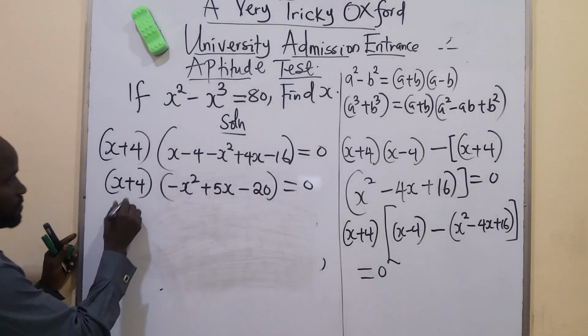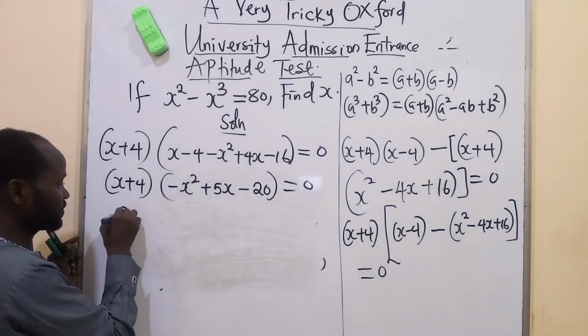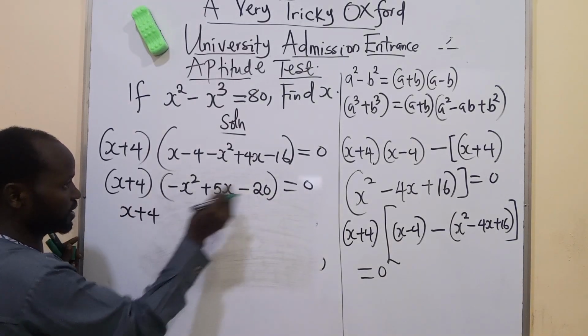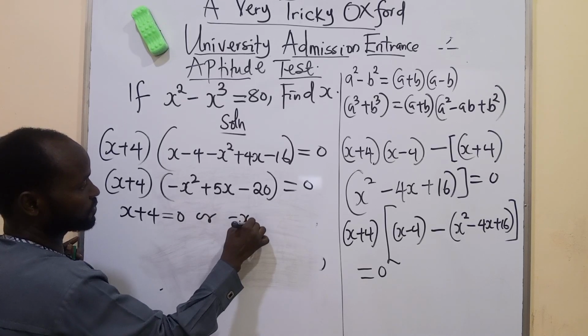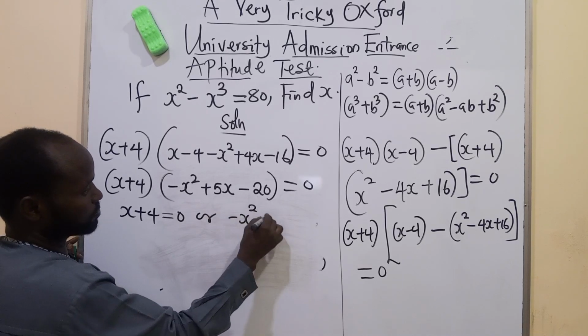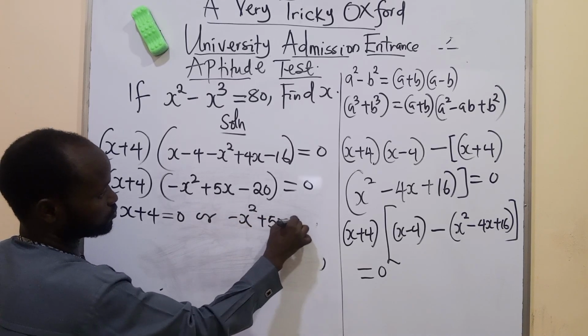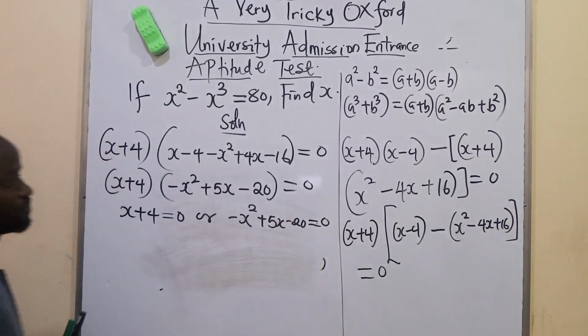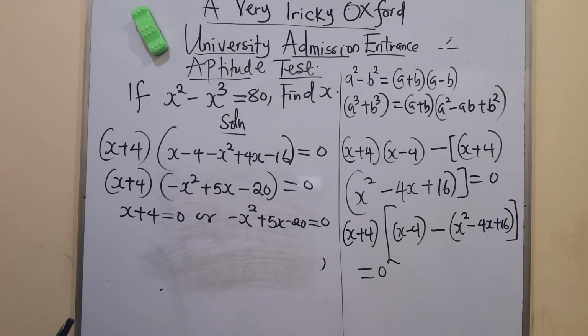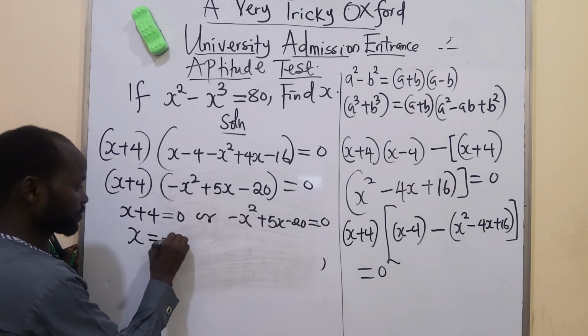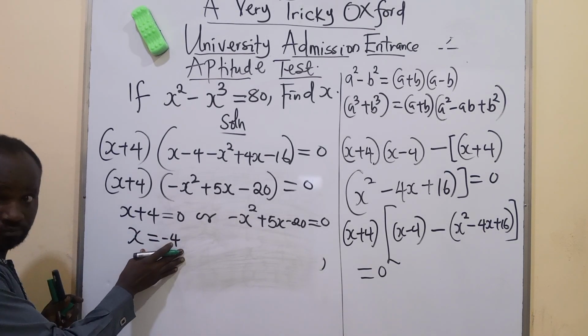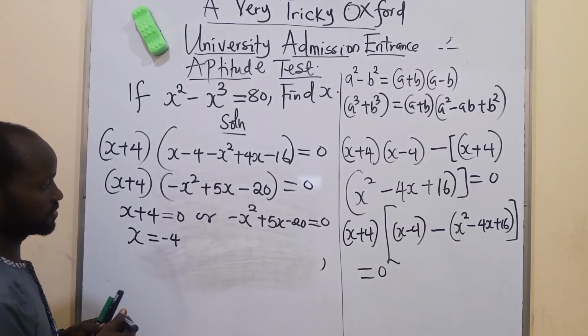It means that either x plus 4 equals 0 or minus x squared plus 5x minus 20 equals 0. Very important. So x now equals minus 4. This is the first solution because we are asked to solve for x.